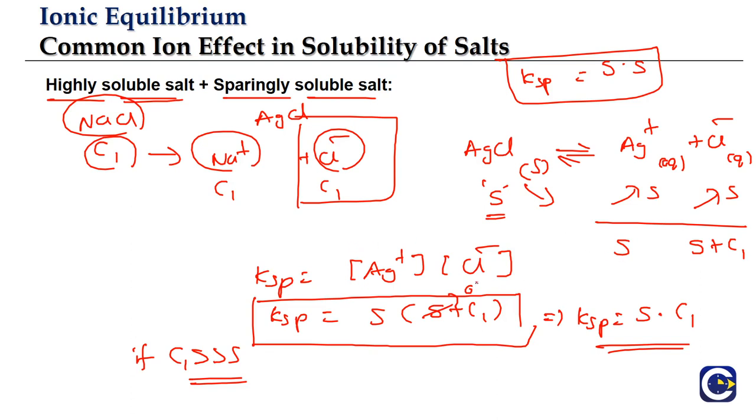If the orders are very different, then we can use the simplified formula. So this is the first case, the common ion effect in the case of a highly soluble salt with a sparingly soluble salt. We'll look at some examples on this, then we will be able to understand it.